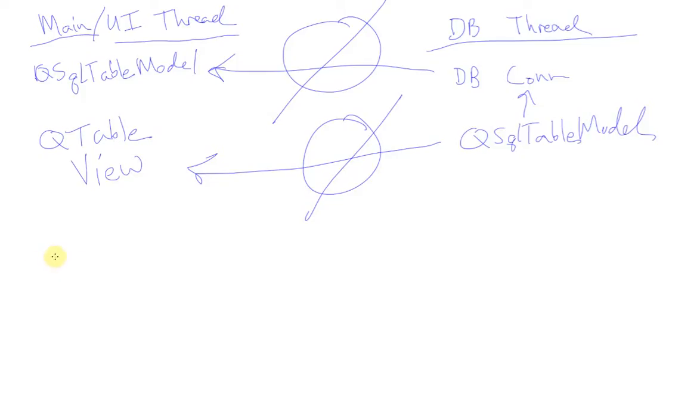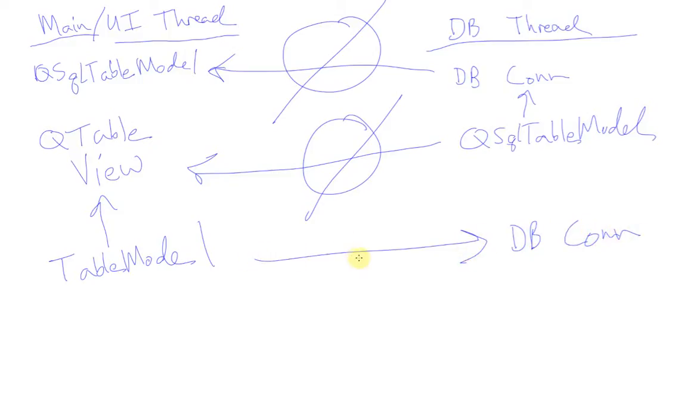So I made what I'll call table model that is able to talk to a QTable view on the same main UI thread and is going to have code that allows for itself to be able to talk with a DB connection object on an auxiliary or database thread and bring about the asynchronous table model that I wanted to have, and of course bring about the big benefit, which is a UI that is less likely to freeze, given very slow connections or very large database returned data sets.